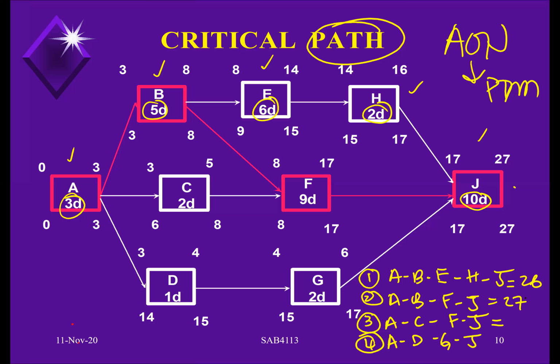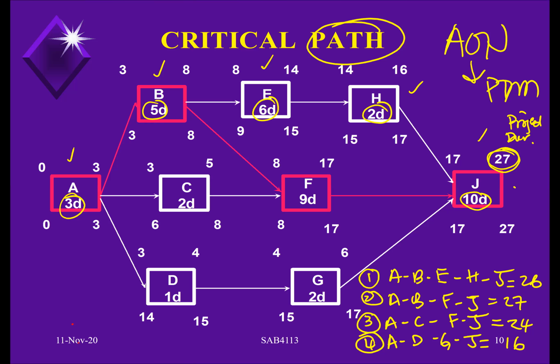This one is 5, 14, 24. And the last one would be 4, 6, 16. There are 4 different paths, and each path has a duration it will take to complete all the activities within that path. The project will be completed in 27 days. This is the overall project duration.